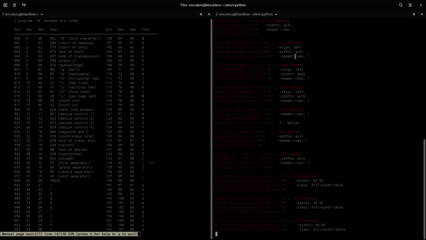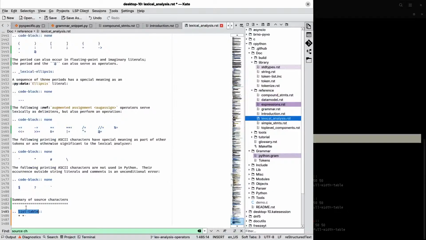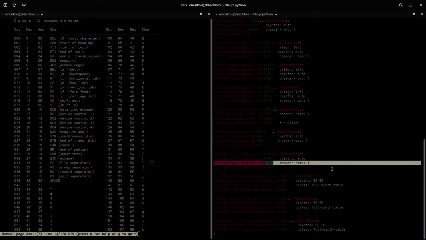How do you use list table? At least you can copy that. Header rows and widths auto. Then put the stuff inside.